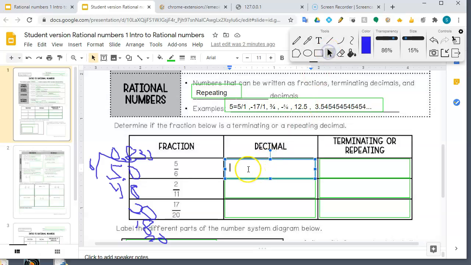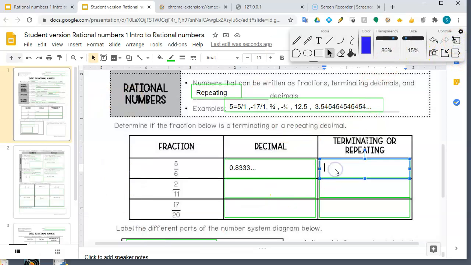So now I'm going to click back to my cursor here, and I know that my answer is 0.8333. And I'm going to use that ellipsis, that dot, dot, dot, to let us know that it goes on forever. I'm going to erase that work there. And do we call this one terminating or repeating? Good. It is repeating. The 3 is repeating.